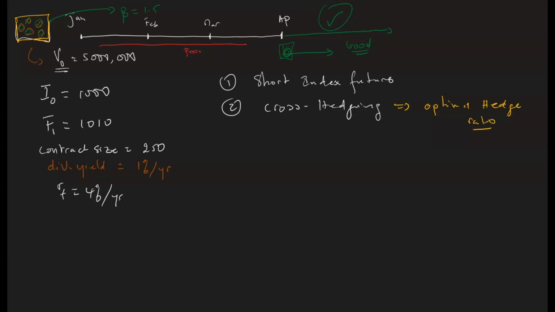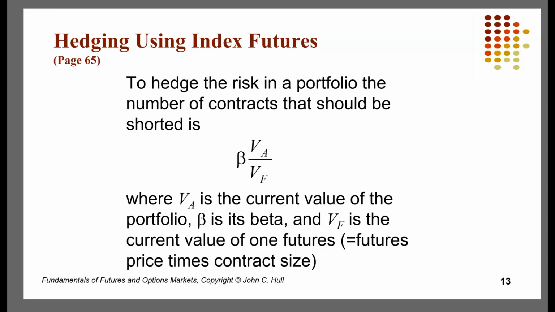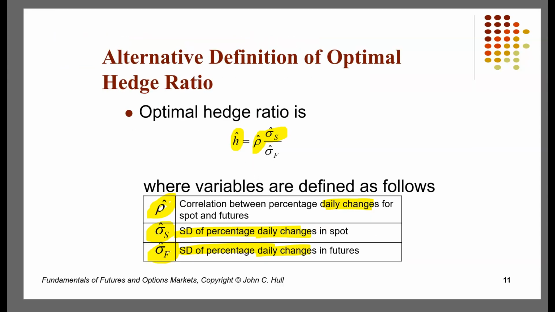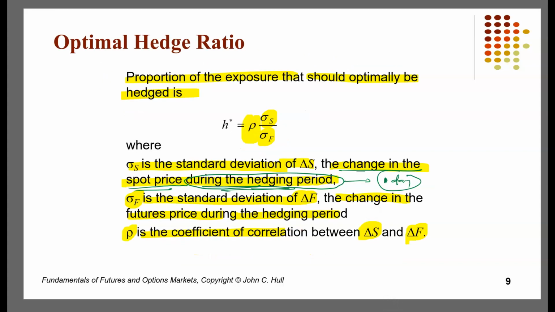So let's find that hedge ratio first. The hedge ratio is a function of the correlation. Remember what we had earlier. Let's go back to the slides. Our hedge ratio here was a function of the correlation between the change in the value of the asset and the change in the value of the future, multiplied by the standard deviation of the asset and the standard deviation of the futures.